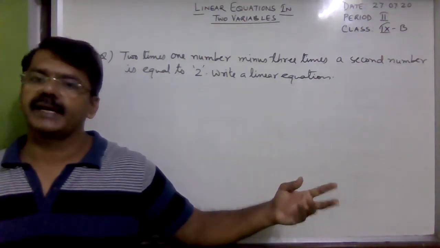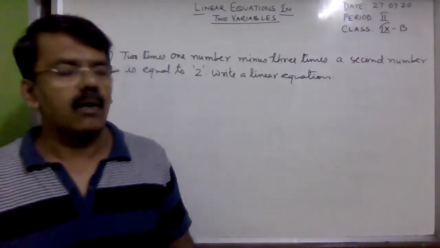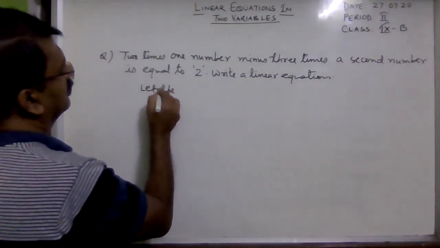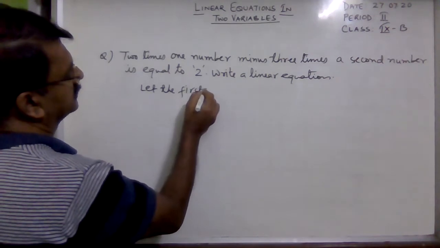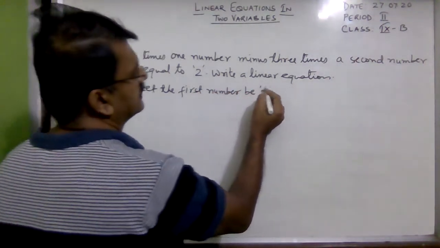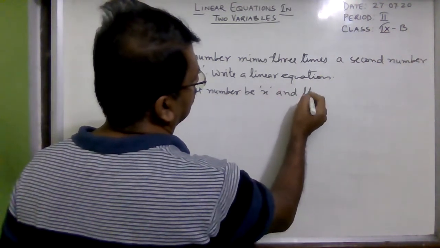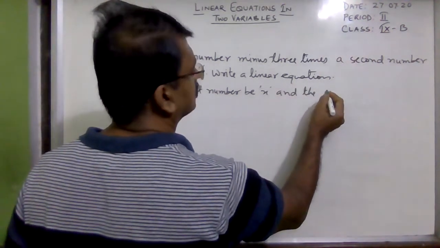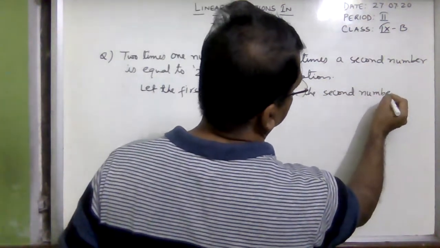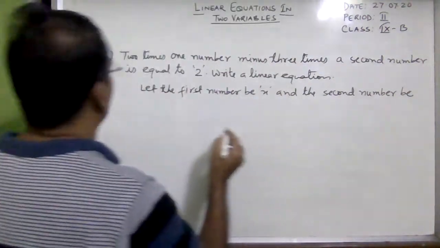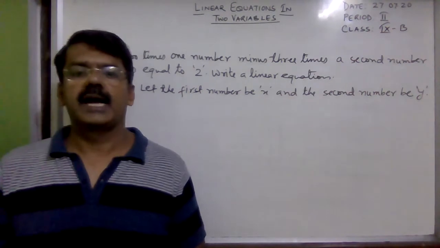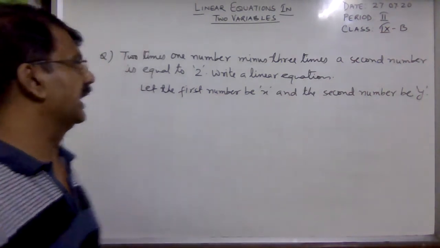So one number I will take as X and the other number will be Y. Let the first number be X and the second number be Y.